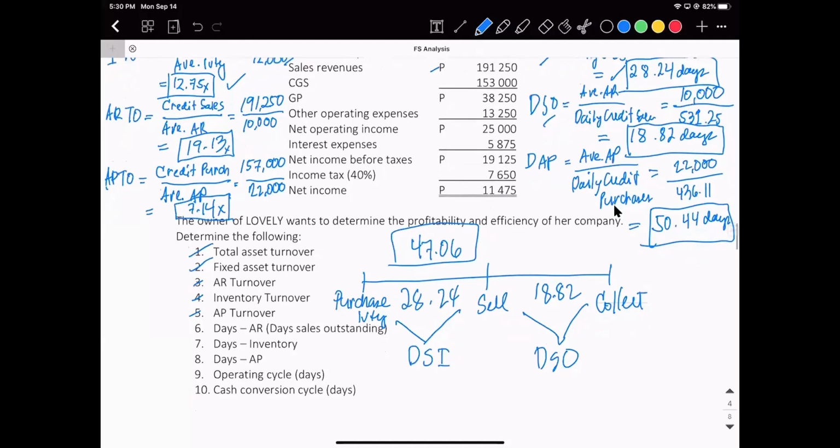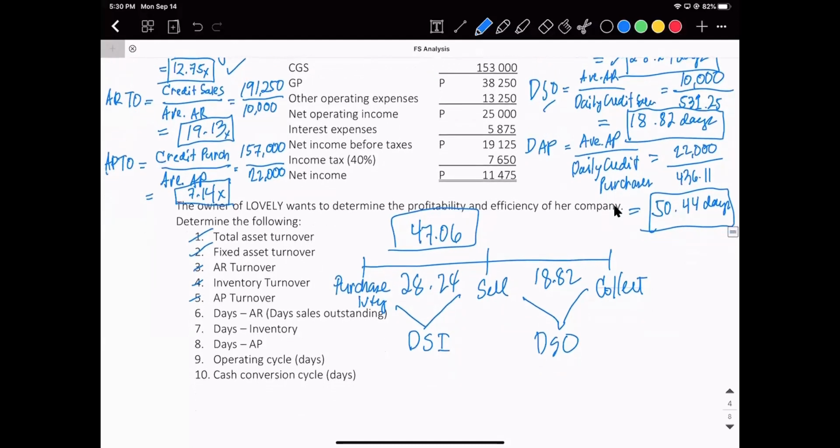In some cases, for planning purposes, we would need the information for our cash requirement. Magkano ba yung kakailanganin nating cash? Kasi our cash, of course, will be invested into inventories because we're going to purchase them and then pay them before we can sell and collect them. And of course, eventually, conversion into cash.